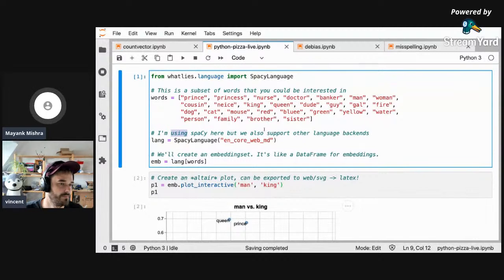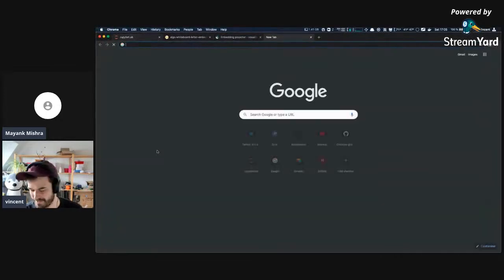And apart from this, what other features are you planning to incorporate into the library? So one of the things that you can already do is, if I'm not mistaken, well, let's go to the documentation page for this.